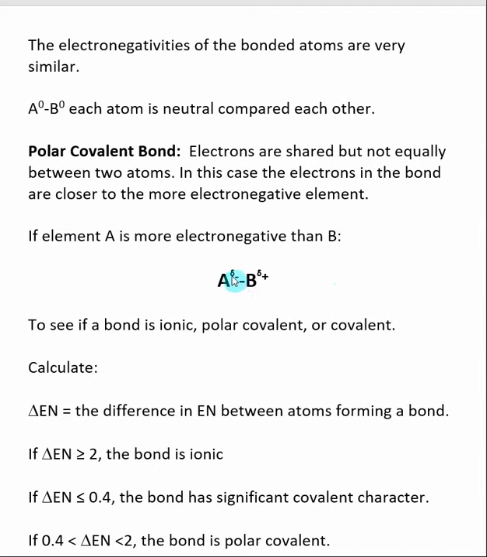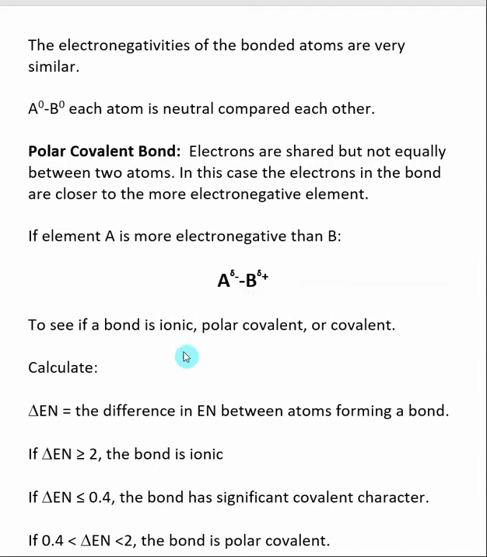This delta here means a partial negative charge. With B, the electrons are being pulled away from it, and so it gains a partial positive charge, and this is why we call it a polar covalent bond. The electrons are still being shared, but not equally. One atom has more of the electrons, one has less.